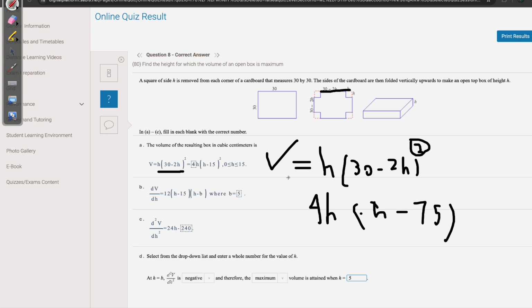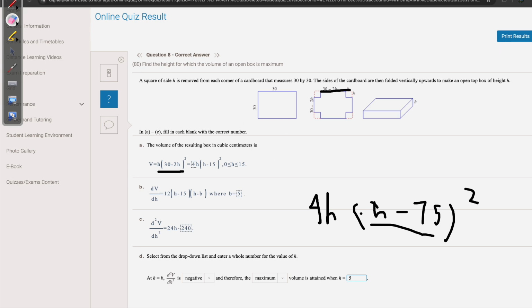And then again, H has to be between, make this equal to 0. It will always be greater than or equal to 0, but we need to figure out where it's less than or equal to, so just make what's in the parentheses equal to 0, which will give us H is less than or equal to 50. That was wrong.